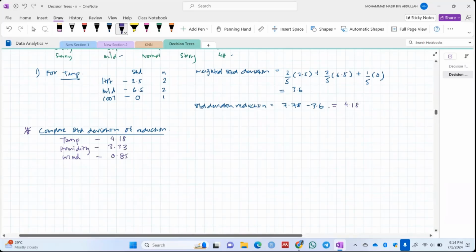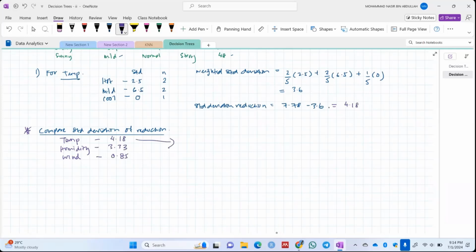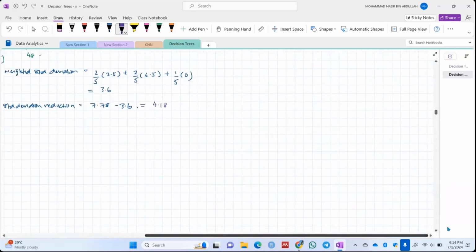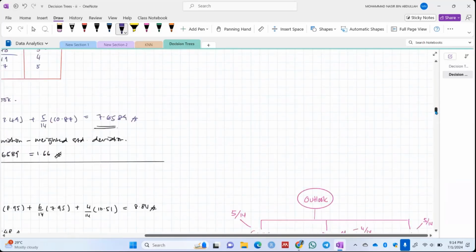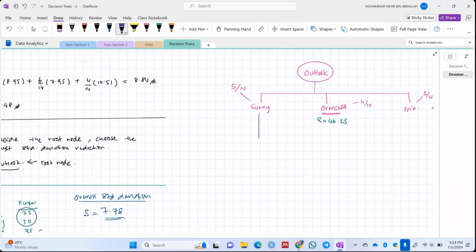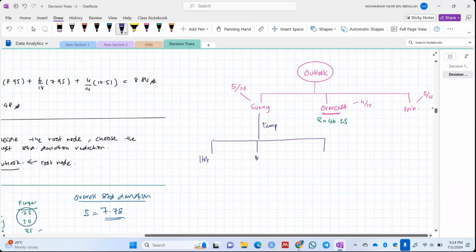Comparing the reductions of standard deviation, the next splitting variable for Sunny is temperature. So we input into the diagram: temperature, and we divide into 3, which is hot, mild, and cool.